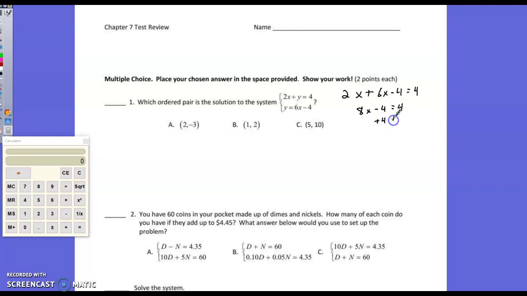Add 4 to both sides. 8x equals 8. Divide by 8. X equals 1. There's one of our answers, so we can already see that it's this one, but I'm going to do the second one as well. So y equals 6 times 1, which is 6 minus 4. Y equals 2.